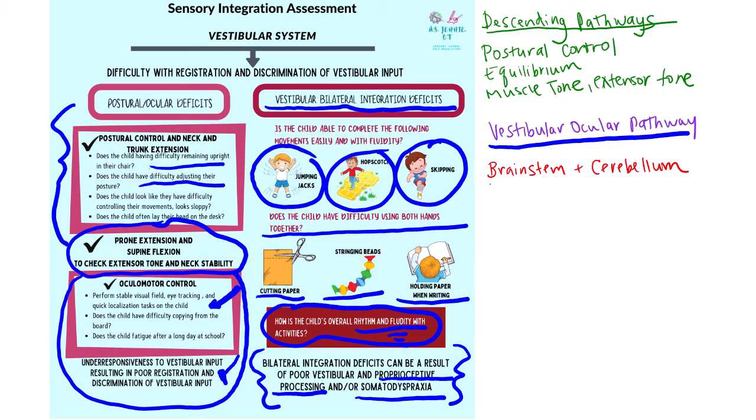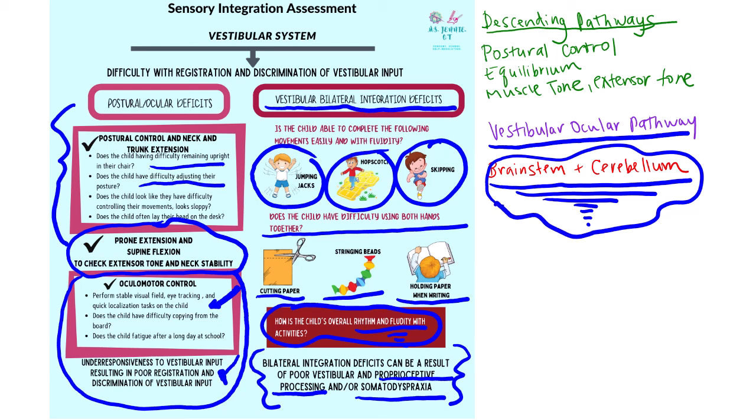I also have right here brainstem and cerebellum. A lot of the vestibular input also goes through the brainstem and cerebellum. That's why you see that proprioceptive processing and vestibular processing are so integrated together, because all the proprioceptive and vestibular input is going into these areas in the brain.